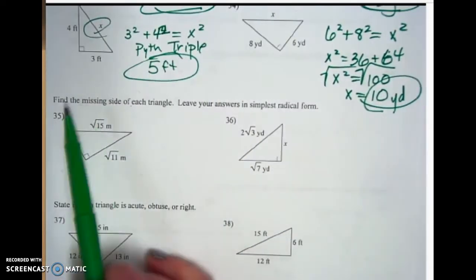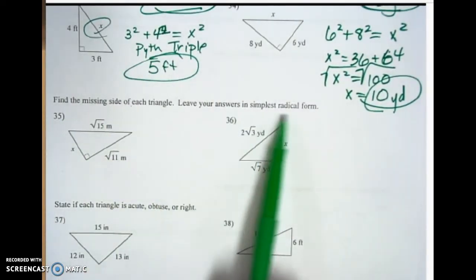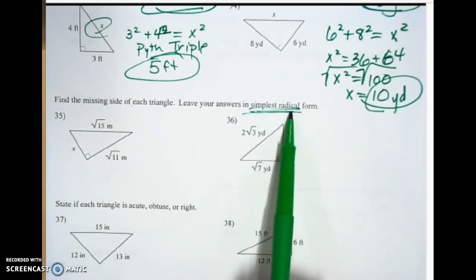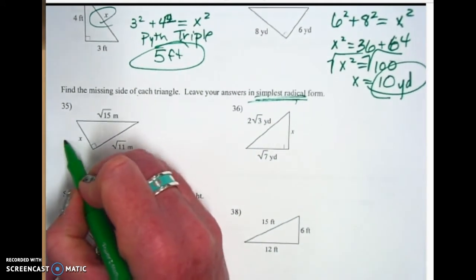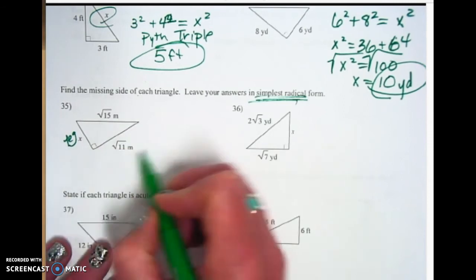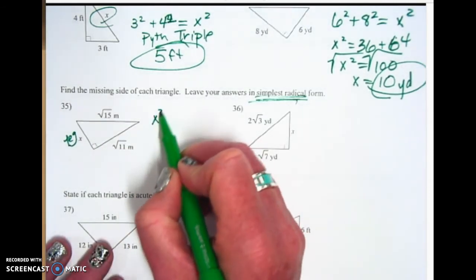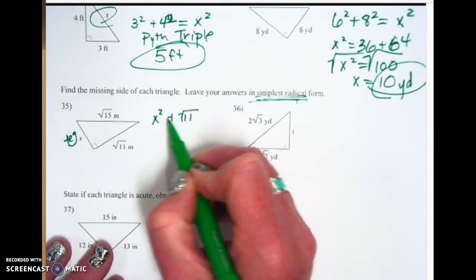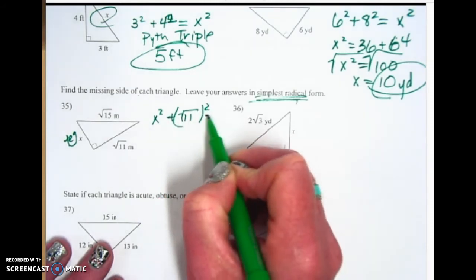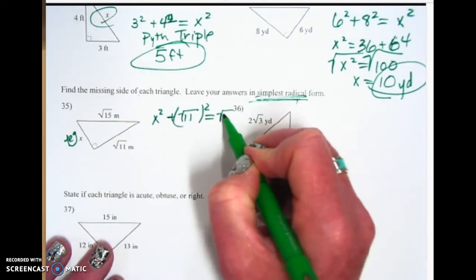35. Find the missing side of each triangle. Leave your answer in simplest radical form. Okay. So this one is a leg. So I'm going to put that in for a. So I'm going to have x squared plus the square root of 11 squared equal to the square root of 15 squared.